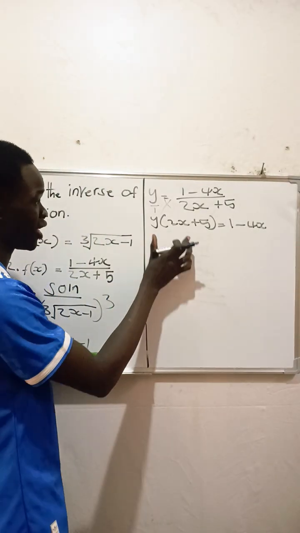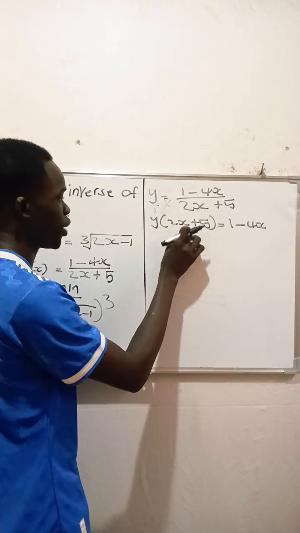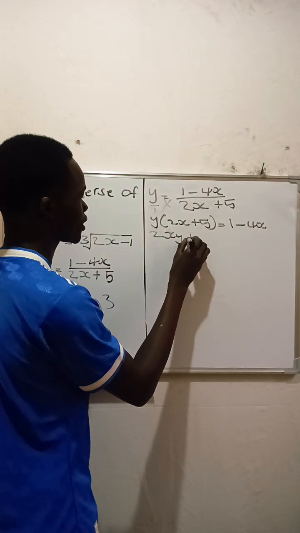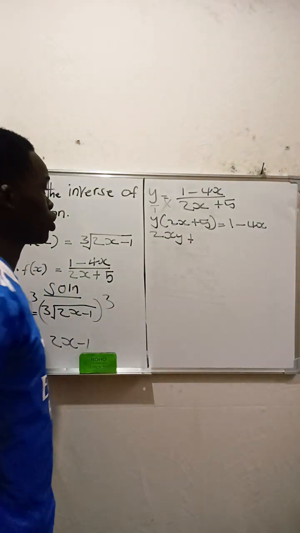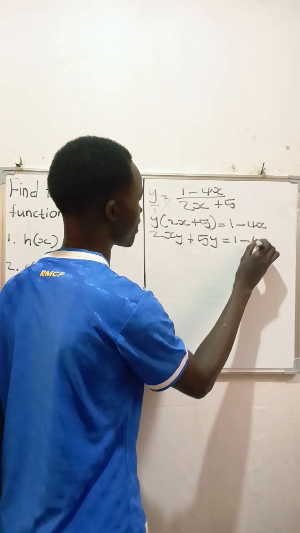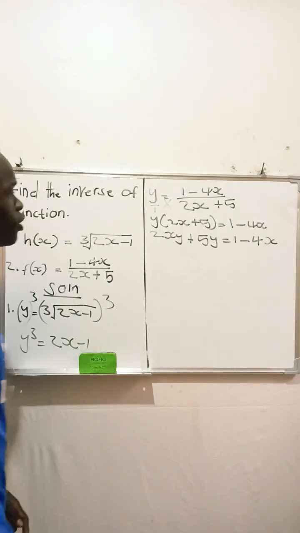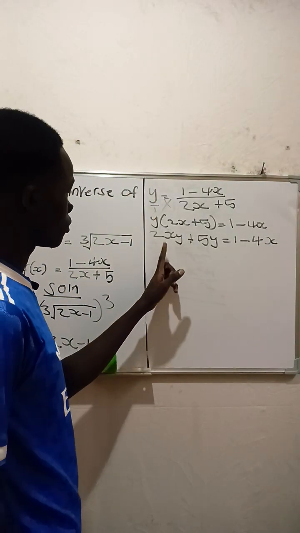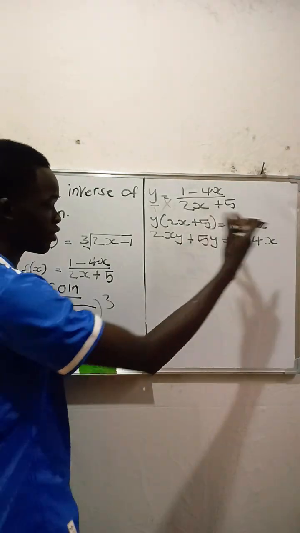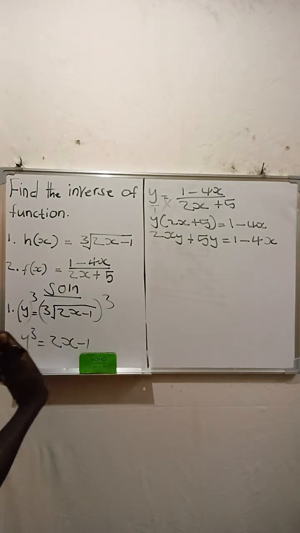Now let us multiply y by everything inside the bracket. y multiplied by 2x gives 2xy, plus y multiplied by 5 gives 5y, equal to 1 minus 4x. Now we have to take 5y to the right hand side of the equation, and bring our 4x to the left hand side.